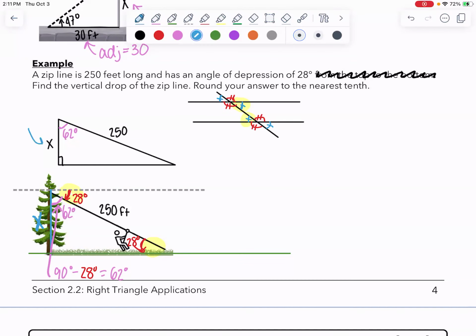For the 62-degree angle, we have an adjacent side, which is X, and the hypotenuse, which is 250. Adjacent and hypotenuse, that's going to be CAH.